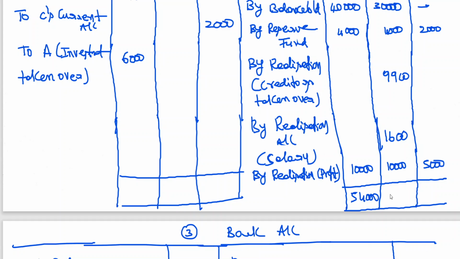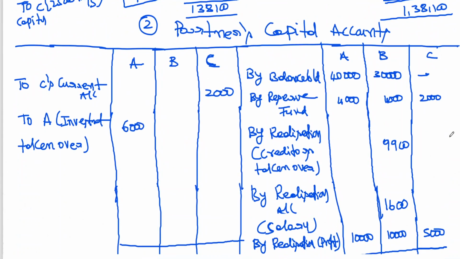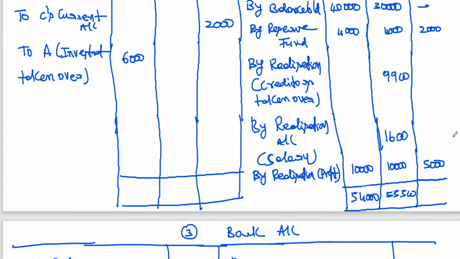It is coming to 55,500. Okay. Then 2,000 plus 5, 7,000. Even though C's current account was initially showing a debit balance, after transfer into capital account and after closing that, I think still amount is due to the partner because of realization profit.